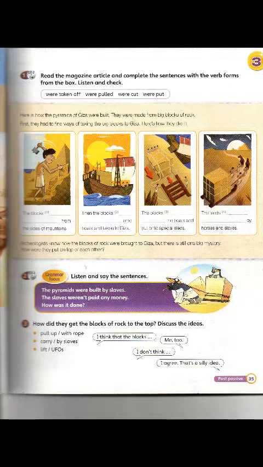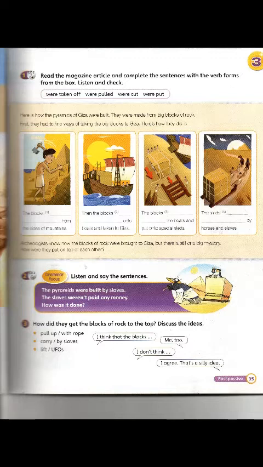From the text, we can see some passive voice with were or was, and then verb 3 or past participle.